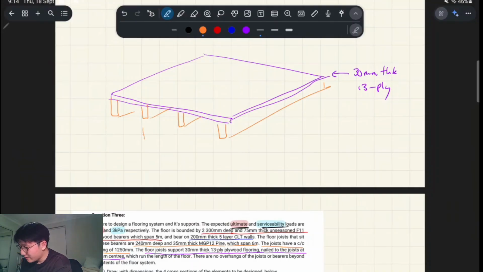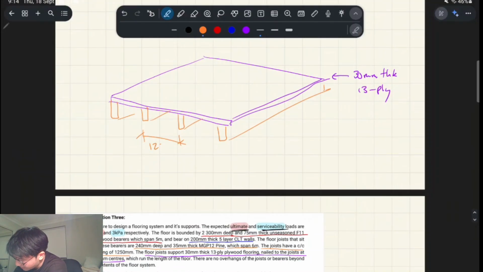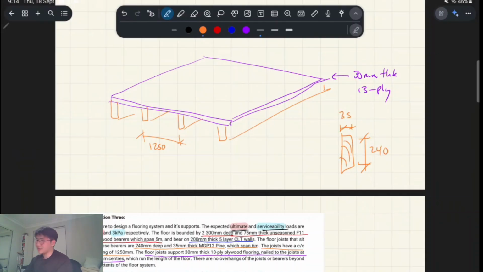The floor joists have some kind of center, right? So here it says the floor joists have a center to center spacing of 1250. They also have certain dimensions, right? So in terms of the dimensions, they are 35 thick and 240 deep, right? That's your cross section.